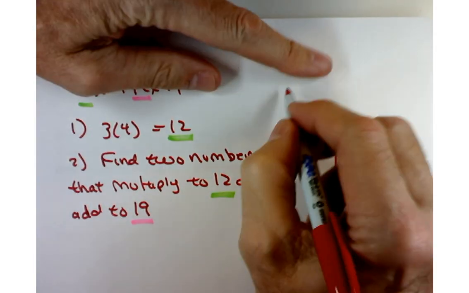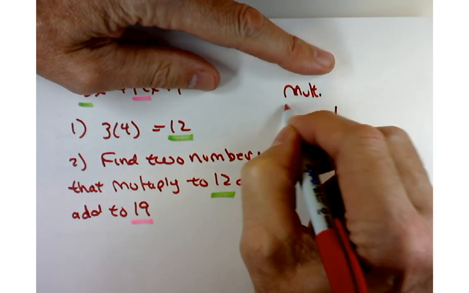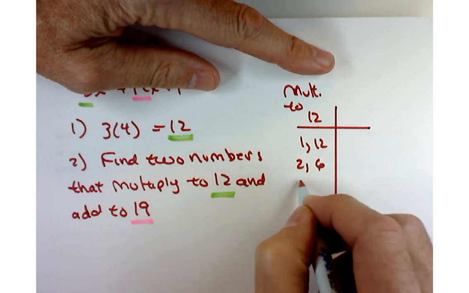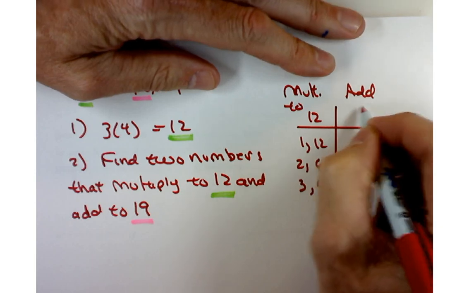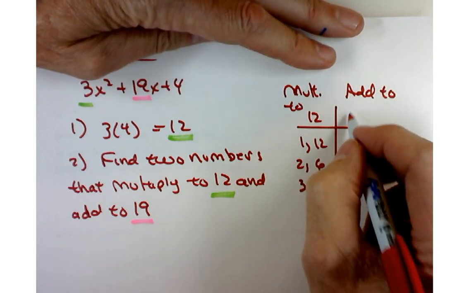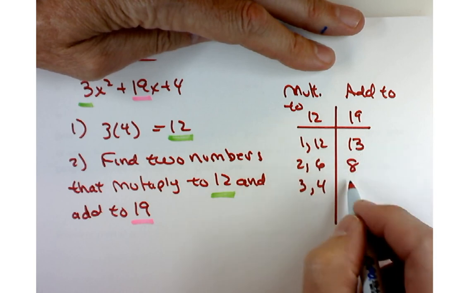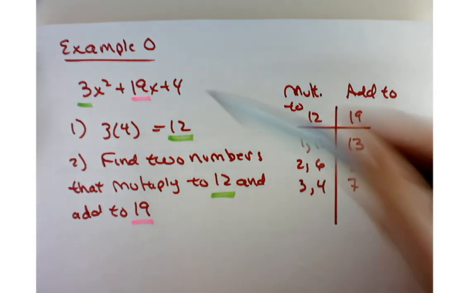So multiply to 12. That'd be 1 and 12, 2 and 6, and 3 and 4. And add to 19. Well, let's see, this adds to 13, this adds to 8, and that adds to 7. None of these worked. Well, what's that saying then about this polynomial?